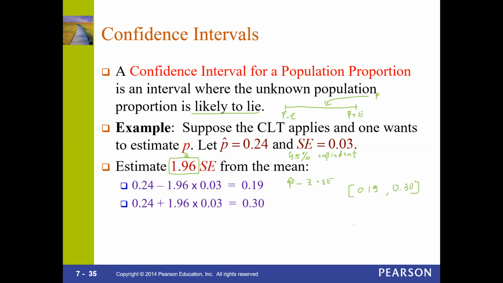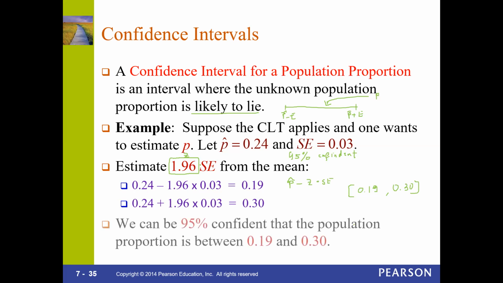That means if someone goes and looks for it, 95% of the time that number will be in that range. That's what it means. So again, you can be 95% confident that the population proportion is between 0.19 and 0.30.